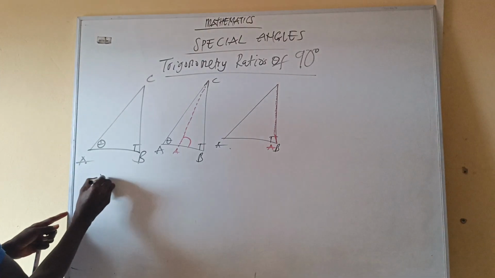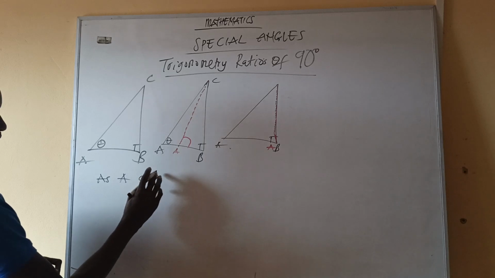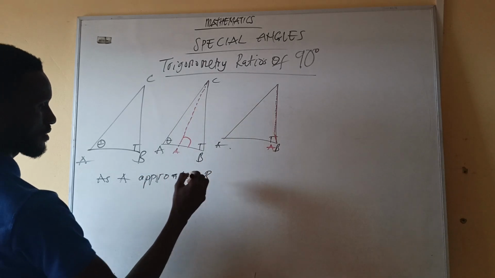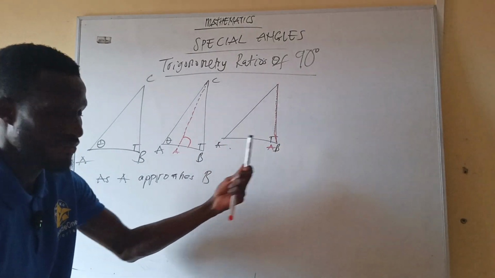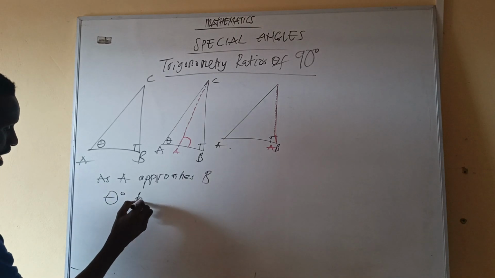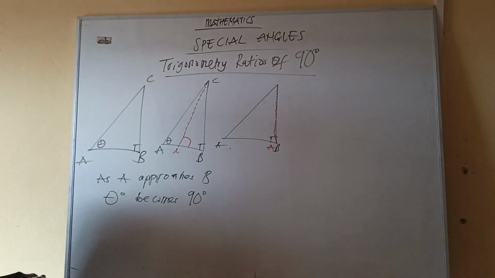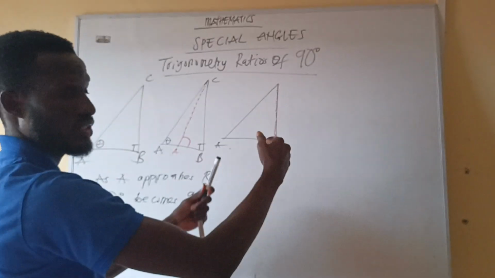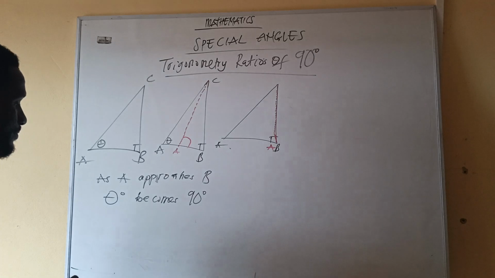So as A approaches B, the angle theta becomes 90 degrees. As you are moving here, it will be approaching. So when it comes here, the angle from here will be 90 degrees. So the angle theta will be 90 degrees.